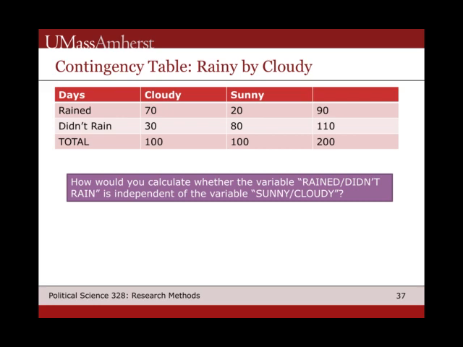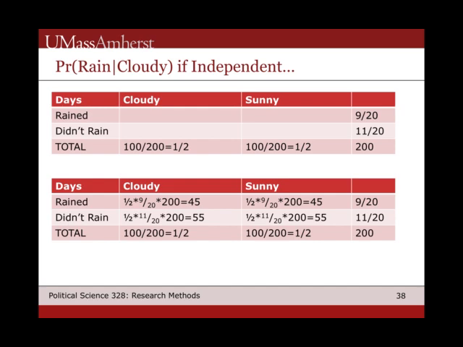Okay, assuming you have returned now from the pause, let's take a closer look at what we do in the statistical world. Basically what we can do is set up a set of equations for what we expect. As you can see, there's a 50% chance of it being cloudy, a 50% chance of it being sunny. We're looking at these marginal probabilities, a 9 out of 20 chance that it rains, 11 out of 20 chance that it doesn't.